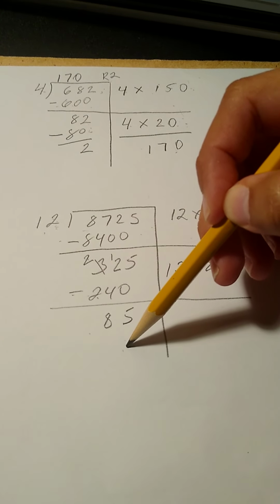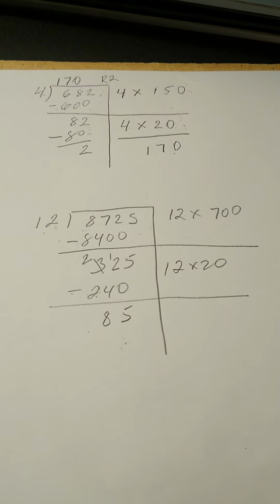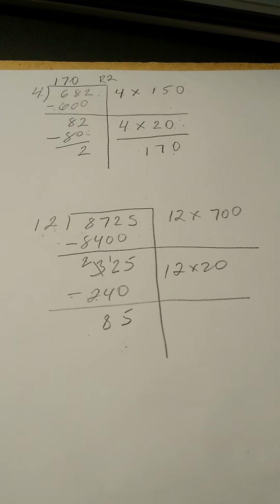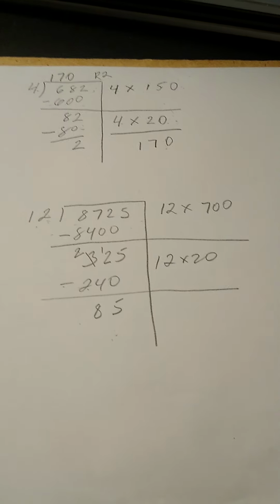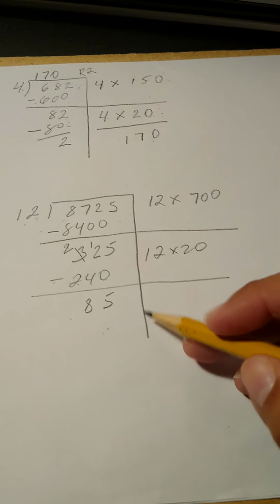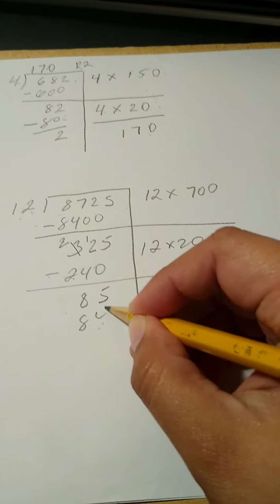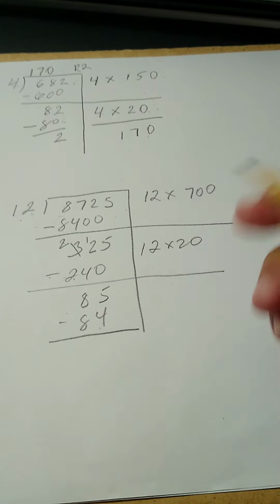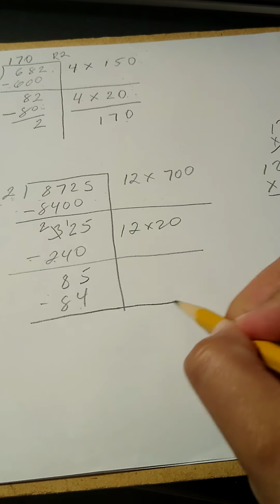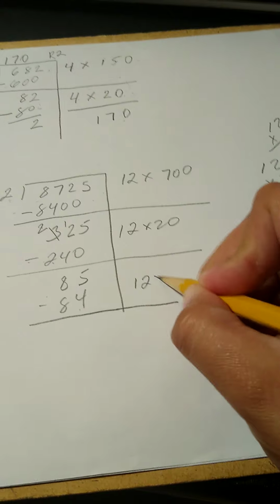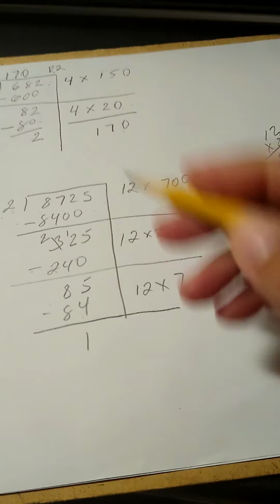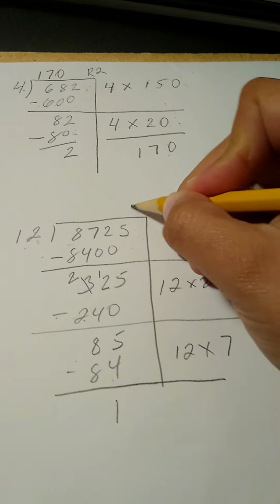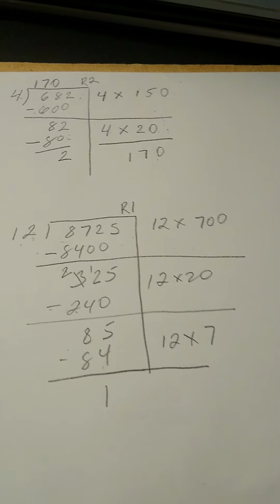It should be easier. 12 times 7 is 84, which is our number, because if we do 85 minus 84, it'll give us a remainder of 1.